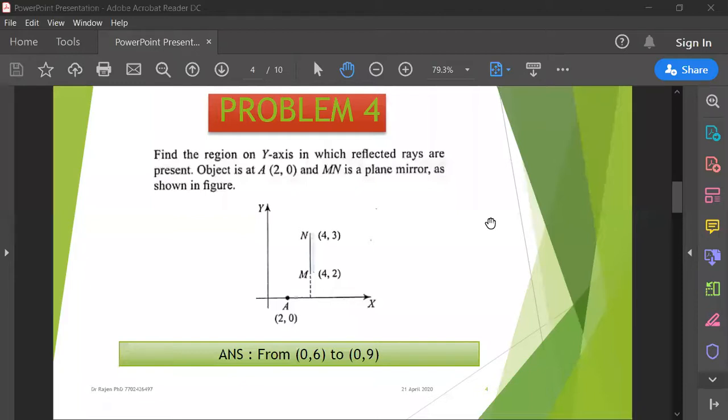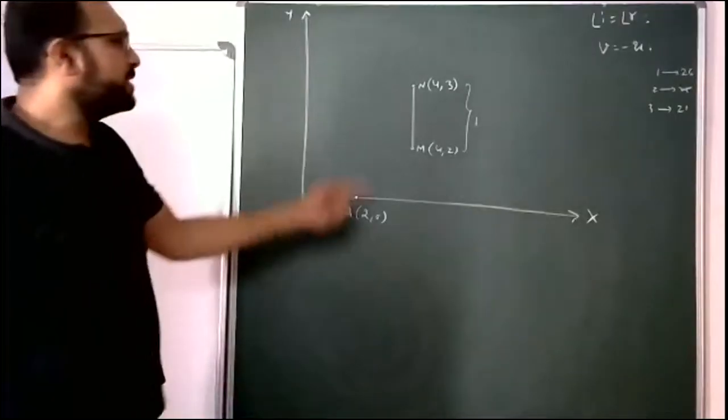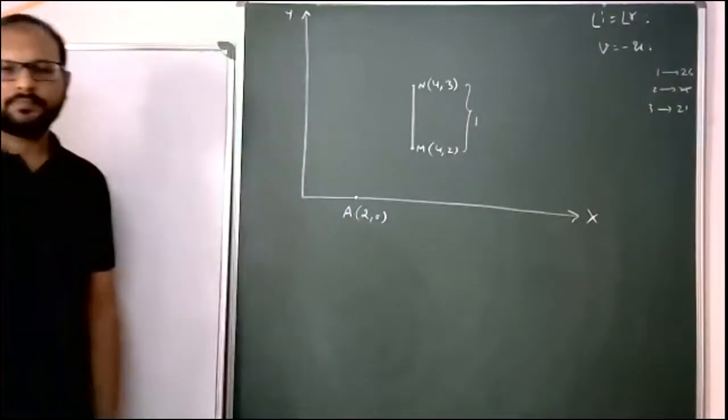This coordinate is 4, 2, the lower edge. This is 4, 3. Indirectly, from here to here is 1. Students, this is the given problem.